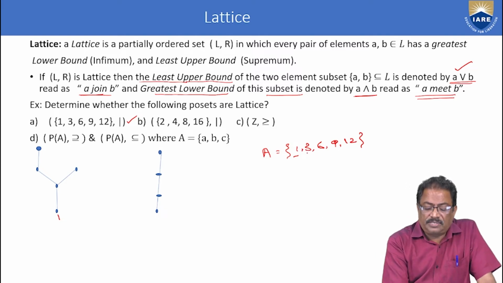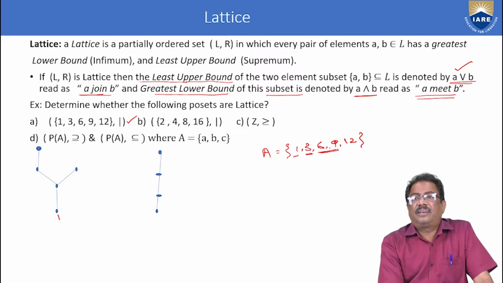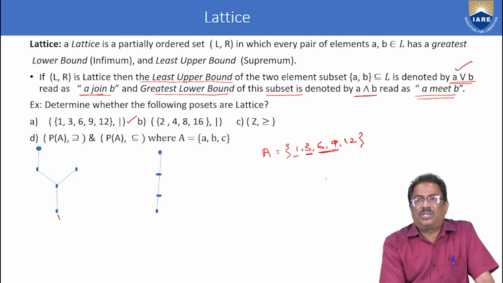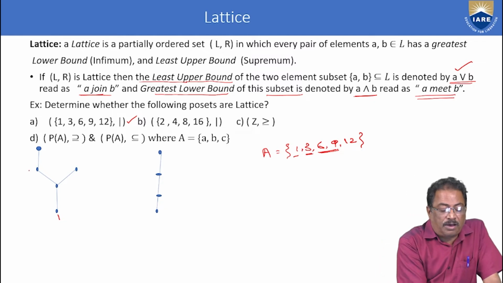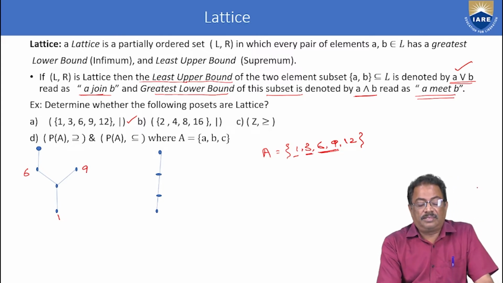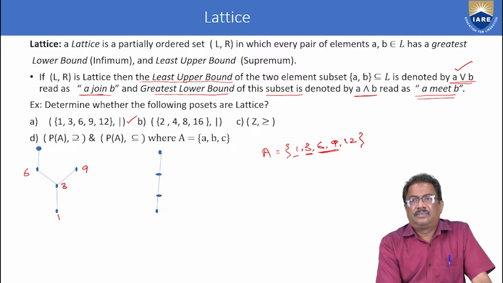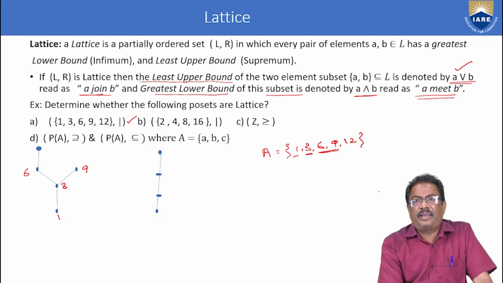Next, I am going to consider the second element, 3. 3 divides both 6 and 9, but between 6 and 9 there is no relation, so they are incomparable elements. So we take them in the next level. 3 divides 6 and 3 divides 9.